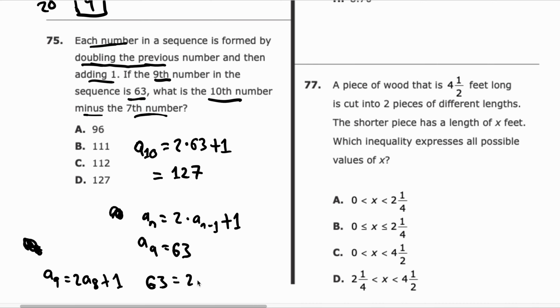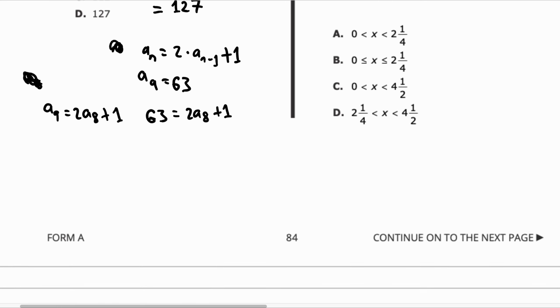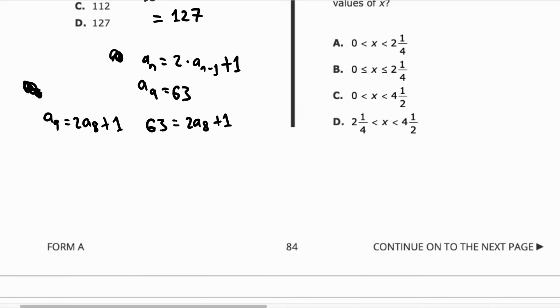So 63 is 2 times A8 plus 1. So let me give myself a little more space. Alright, so if we were to solve for A8, we would get that it would just be 31, right, from that.